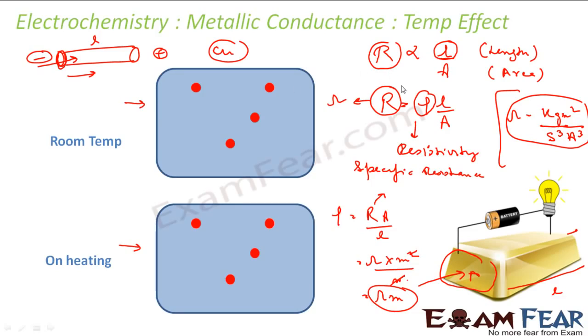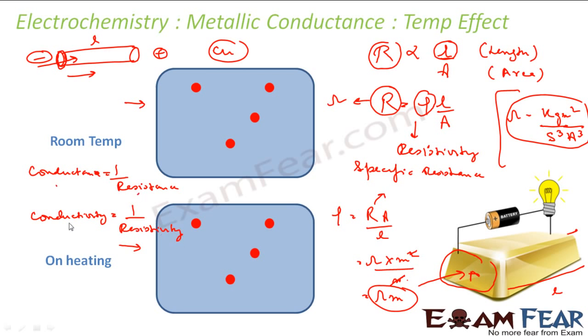Now we have talked about resistance. If we talk about conductance, as I have told, conductance is nothing but 1 by resistance. Correct? So conductivity will be what? 1 by resistivity. So please note, conductivity is nothing but 1 by resistivity.